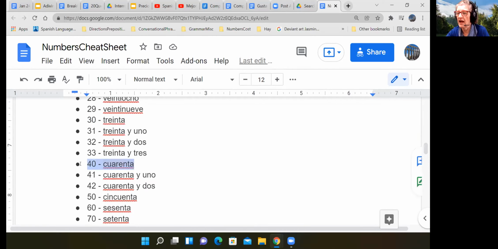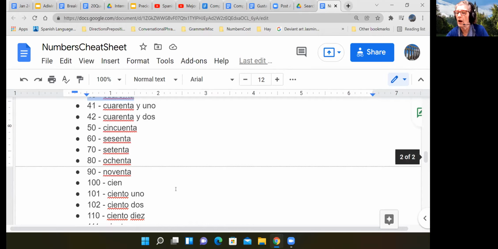So we have 30, we've got 40, which looks a little like cuatro, sounds a little like cuatro, right? 50 sounds a little like 5, cinco. 60 takes 6, but gets rid of the letter I from 6.